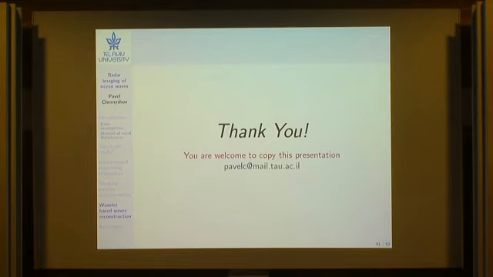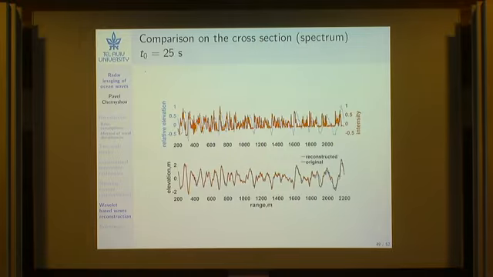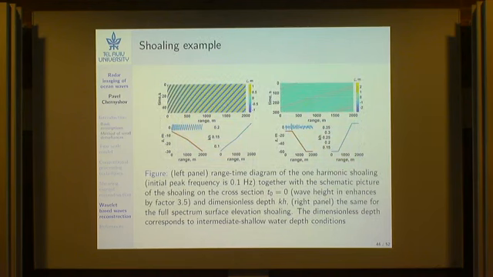Enrica, please. So actually I arrived late, I'm sorry, but I just have a question about the shoaling that you said. There were two pictures, I didn't quite understand. What did you do there? So, harmonic shoaling. How did you construct the two pictures? No, actually, everything here, first of all, it's linear shoaling.